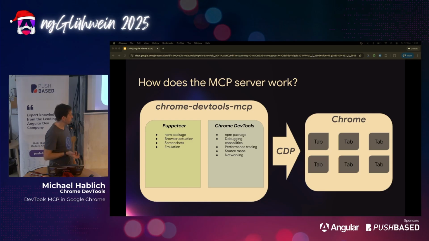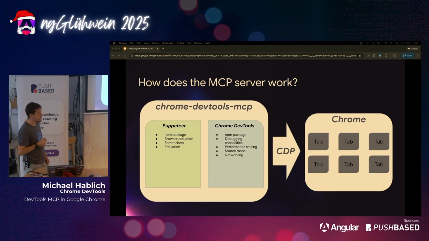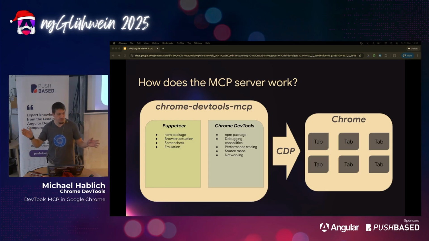So, in short, we're using already existing mechanisms to provide the chrome-devtools MCP server. And why is this useful? Because that makes sure you don't end up in situations where you have to maintain two packages that are maybe doing the same thing, because eventually they will start to drift into different directions. It's just going to be a nightmare.